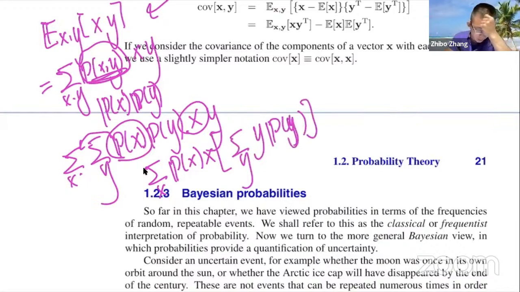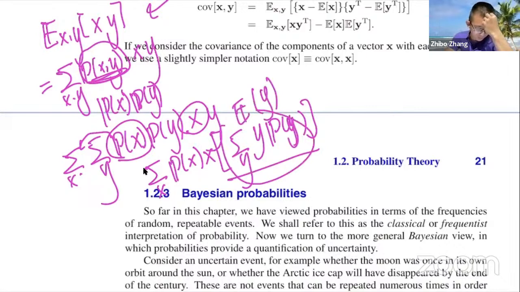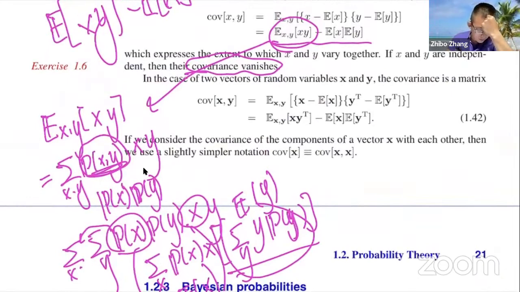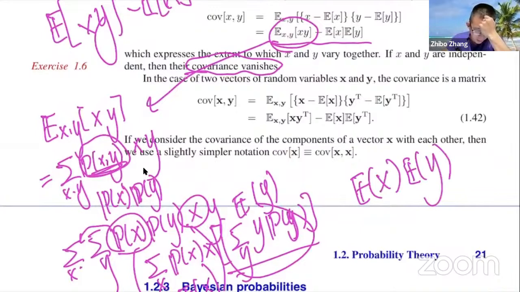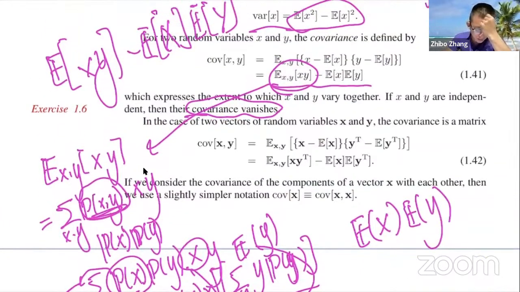What is this? This is the expectation of y, and it is a constant with respect to x. So these two parts are independent, and this is the expectation of x. So this is exactly equal to the expectation of x times the expectation of y. In this case, the expectation of x multiplied by the expectation of y minus itself is equal to 0 if x and y are independent.